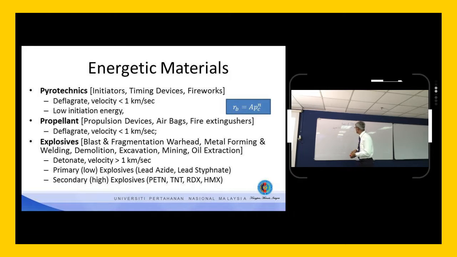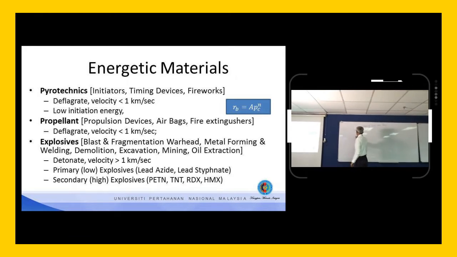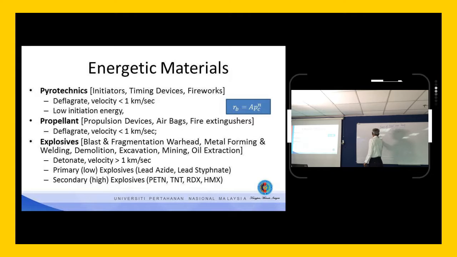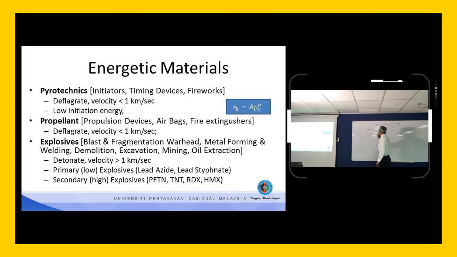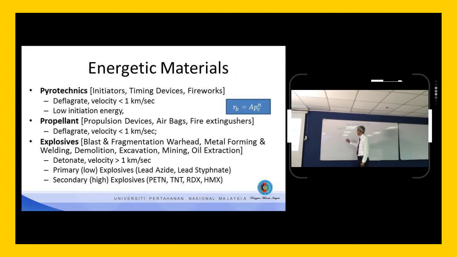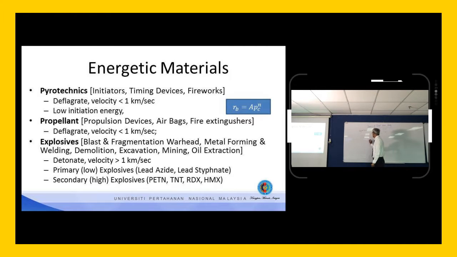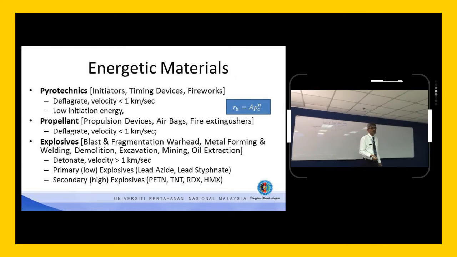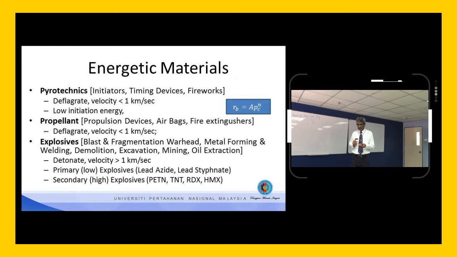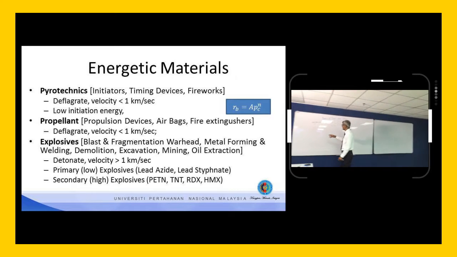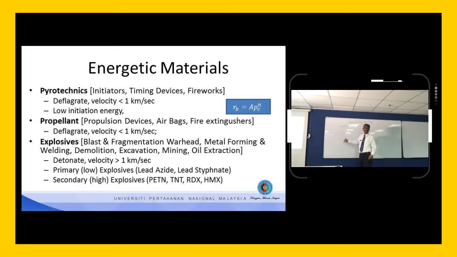Now, there are different series, PBX series and LX series also. 9404 is very familiar. The LX series also has certain numbers in here, and these numbers are also changing. So, you can find a lot in literature. Basically these are also called plastic bonded explosives. C4 is one of them.